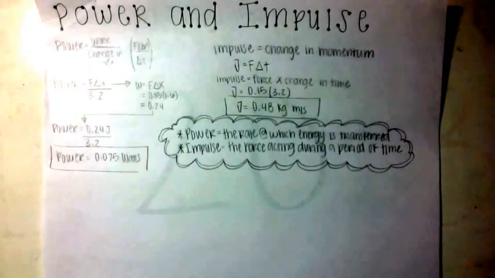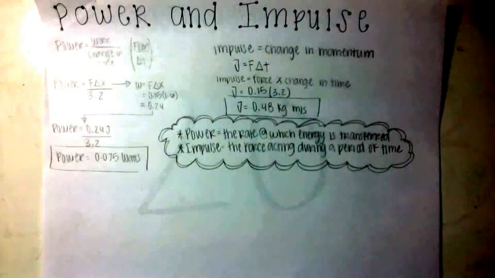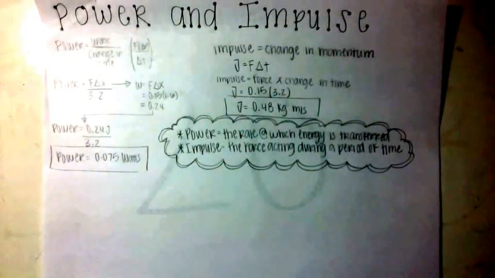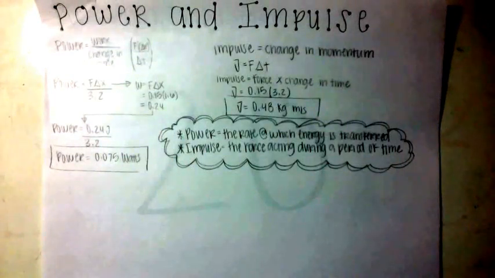Next, we're talking about the power and impulse. And so power is defined as the rate at which energy is transferred. And the equation for that is power equals work over change in time. And so work is equal to F times d. So we first solve for that by plugging in our force, which is 0.15 times 1.6, which was our distance that our car traveled.